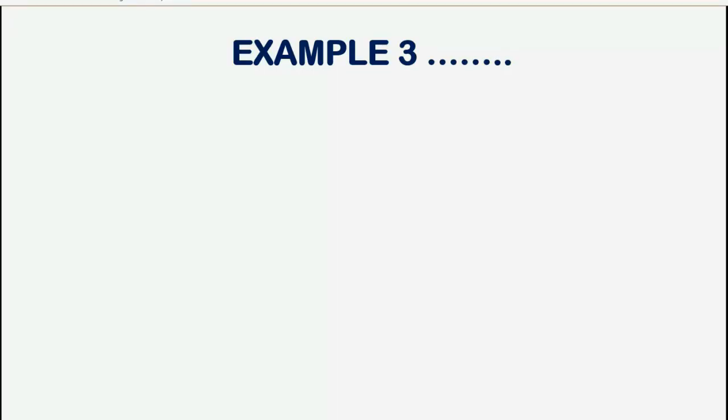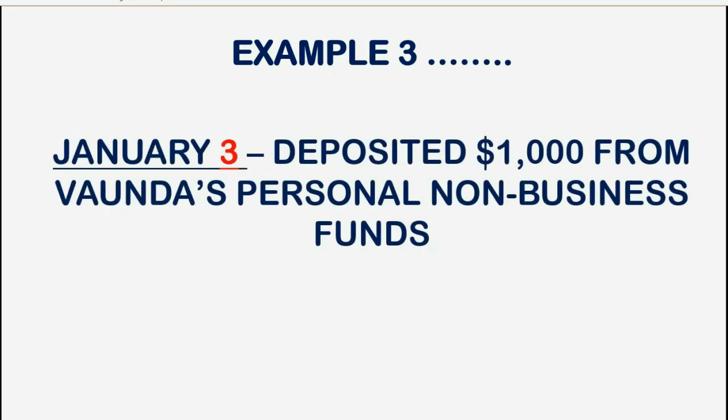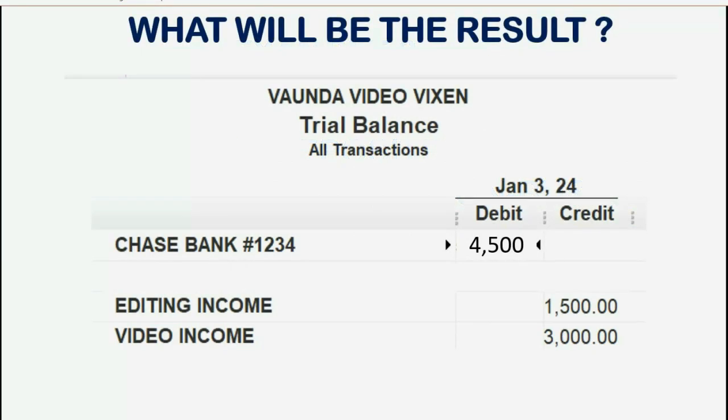Now let's try a third example. Let's imagine on January 3rd, Vonda deposited $1,000 into the Chase company bank account from her personal non-business funds. So what would be the result in the trial balance after she records money from her personal pocket going into the business bank account?